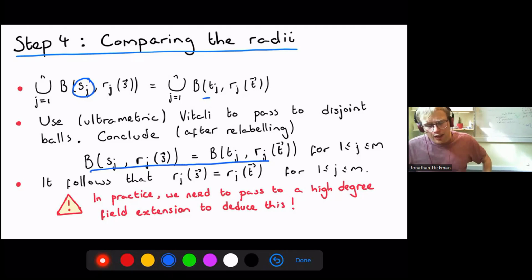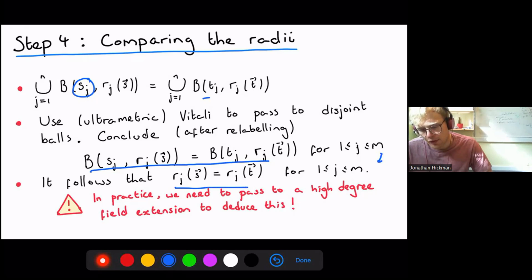Now, in the Euclidean case, identity of balls implies identity of radii. And we'd like to deduce the same thing in the p-adic setting and conclude that these radii have to be identical. Now, it turns out that there's a subtlety here, and this relates to the fact that the p-adic norm only takes a discrete set of values. So we can't deduce this implication directly in the p-adic setting.